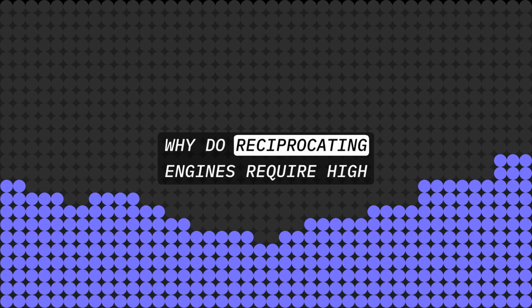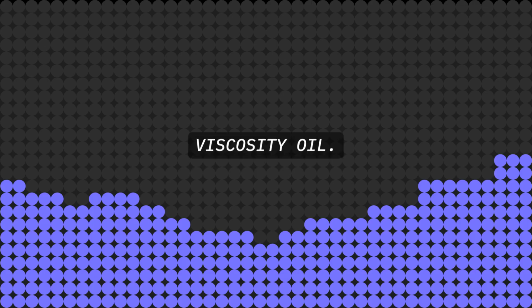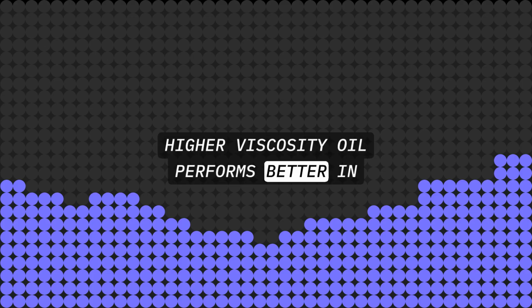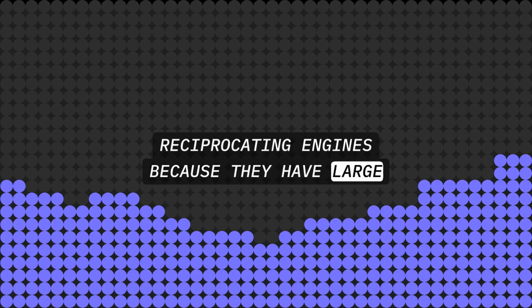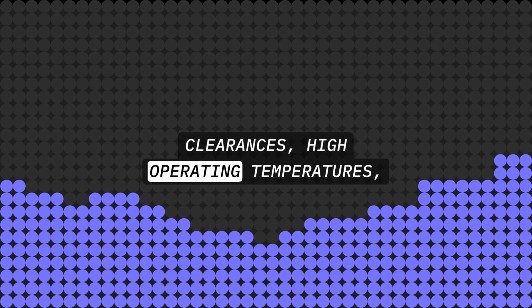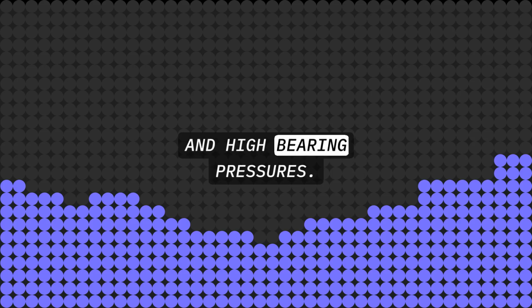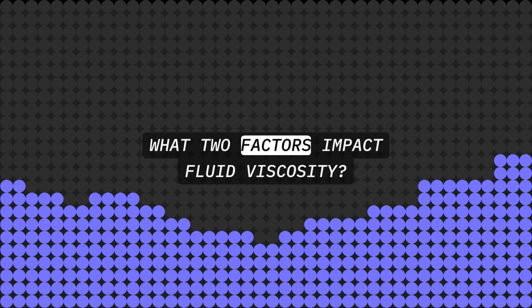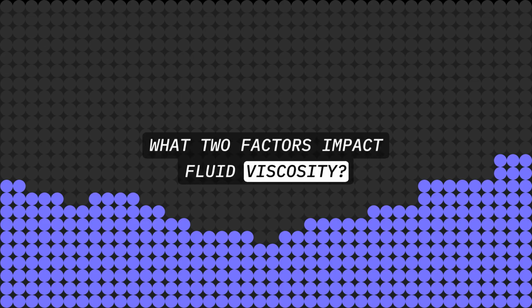Why do reciprocating engines require high viscosity oil? Higher viscosity oil performs better in reciprocating engines because they have large clearances, high operating temperatures, and high bearing pressures. What two factors impact fluid viscosity?